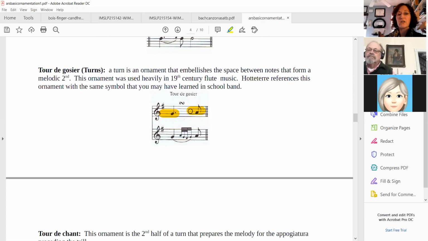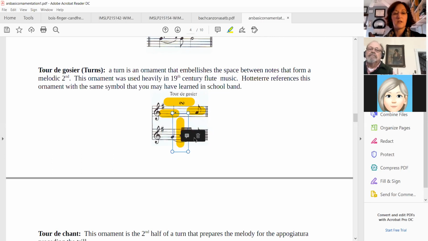Hotteterre references this ornament with the exact same symbol that you may have learned in school, and that is that cute little sideways S. And what that means is that we play the principal note, the note above, back to the principal note, the note below, back to the principal note, and then we're done.